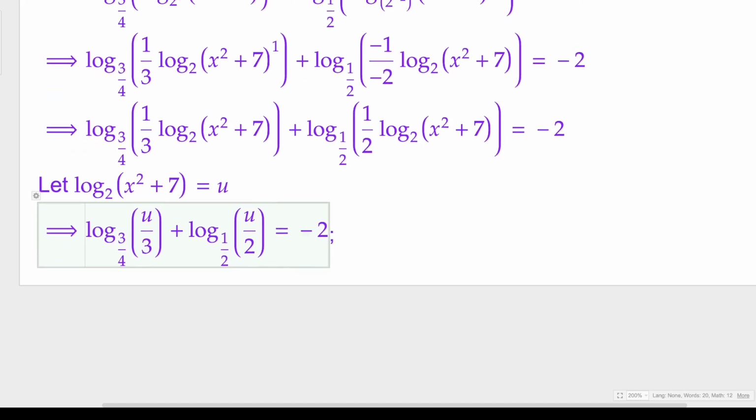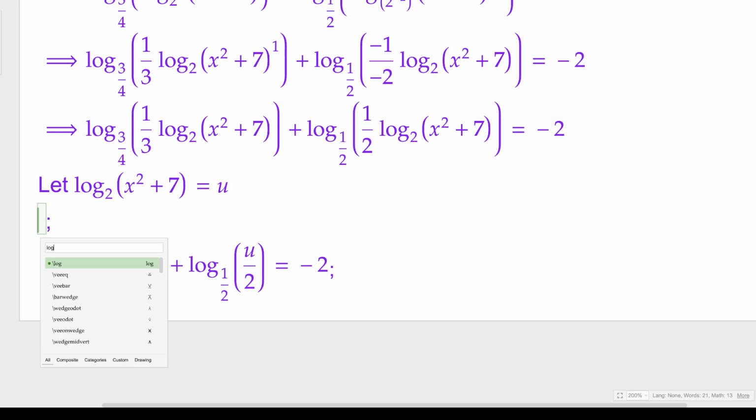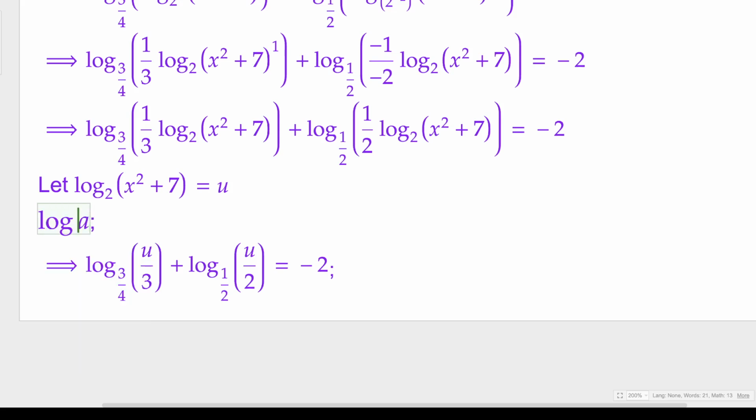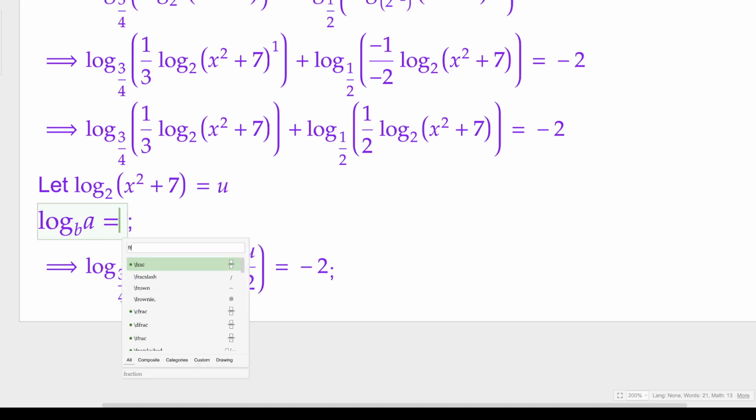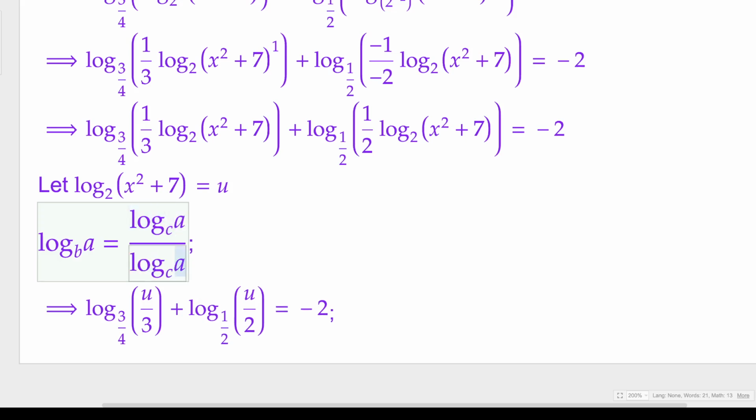Now we'll be using another property of logarithm, which goes somewhat like this, right? It says that if I have, let's say, log of a and base b, I can take an intermediate base and split this into numerator and denominator. So I can take log of some base of my choice as a, the argument goes in the numerator and the base goes to the denominator.